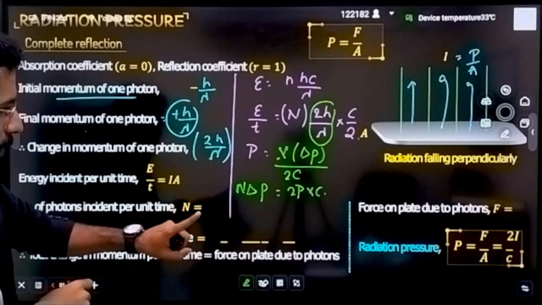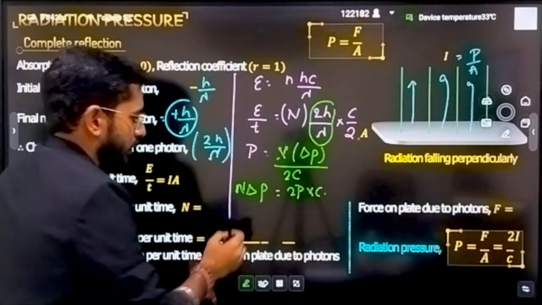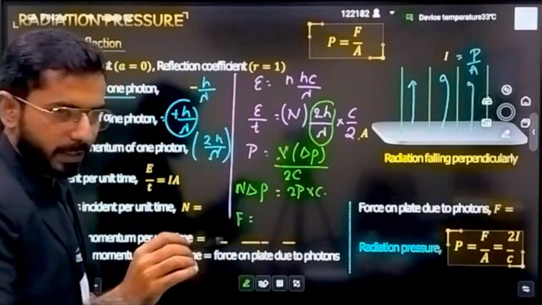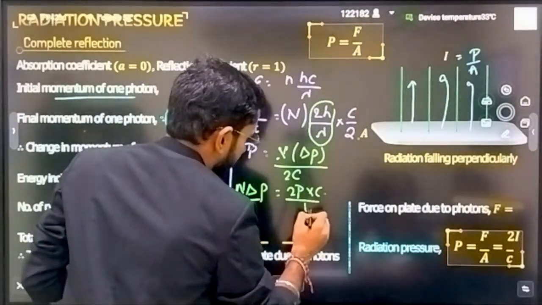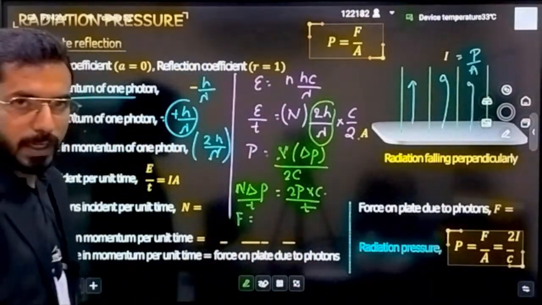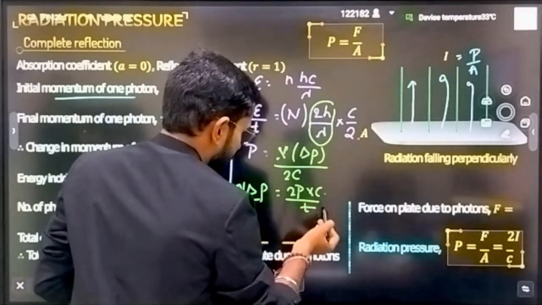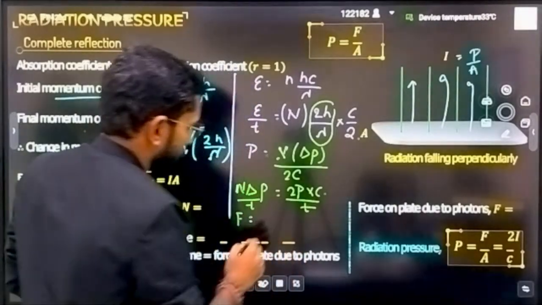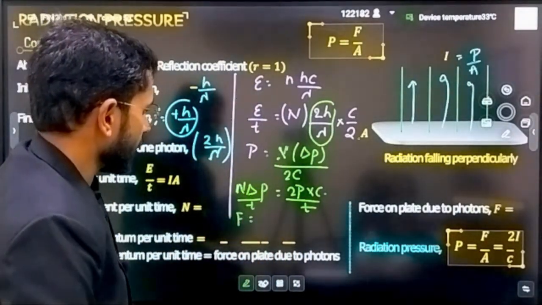Any term that I am missing? No, fine. Now what is force? Force for one photon will be rate of change of momentum, delta p by delta t, but for N number of photons I will simply divide by t, here also it will become t. And for per second, that means this t will be equal to 1, and what is the result that I am going to get? Force will be equal to 2p into c, correct?